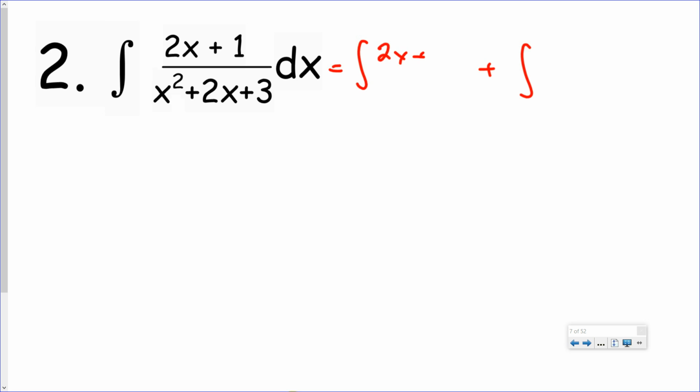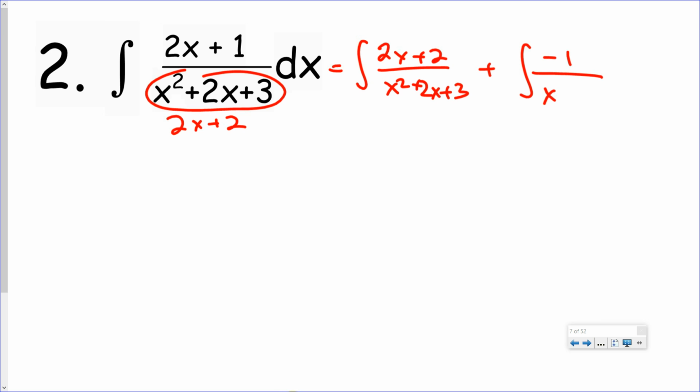Okay, so 2x plus 2 on one side. That strategy is because the derivative of this denominator is 2x plus 2. Good with that? All right, what's going to be on this side? Negative 1. If you say it's negative 1, then what needs to be true is 2x plus 2 plus negative 1 better be equal to 2x plus 1.